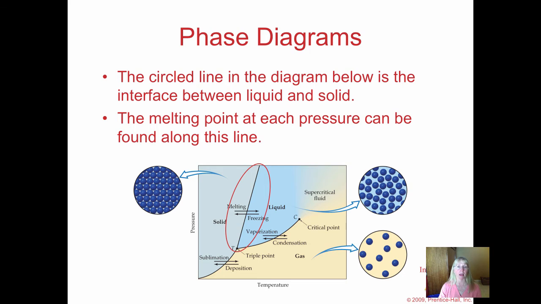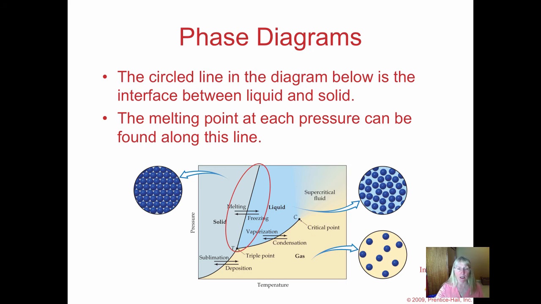Now, normally what happens, you can measure the melting point at each pressure along the line. And normally what happens is the line looks like this for most substances. It has a positive slope. And the reason for that is that for most substances, the solid form is denser than the liquid form.